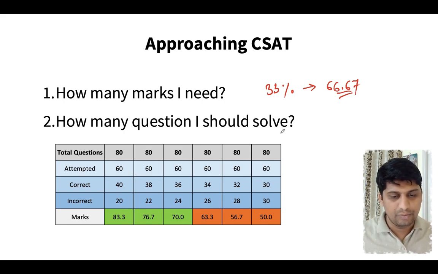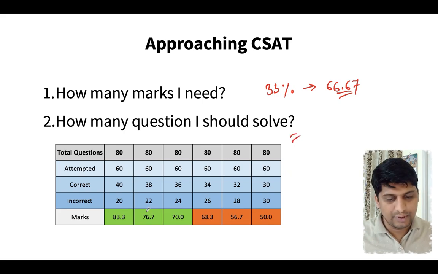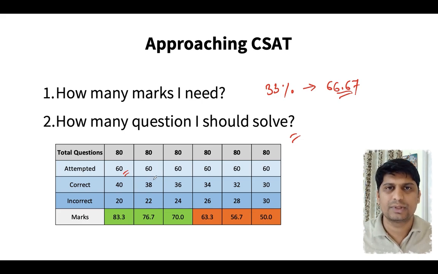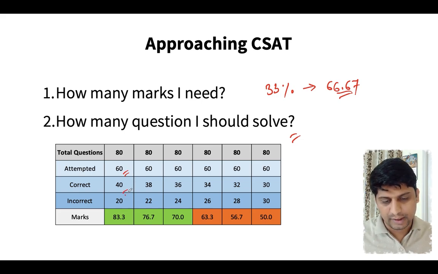And for that, how many questions should I solve, if you ask like this. Now this is some rough calculation we have done. If you attempt 60 questions, we are assuming 60 on a conservative side because 60 is good enough if you want to just clear CSAT. Now let's assume if you get 40 correct, 20 incorrect, then your score will come out to be 83.